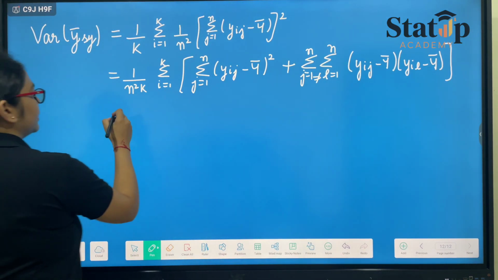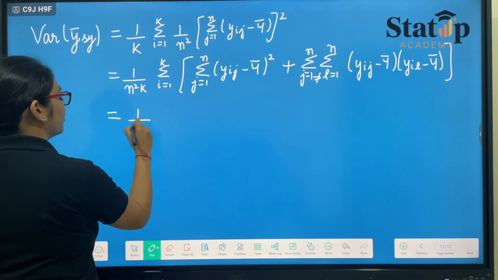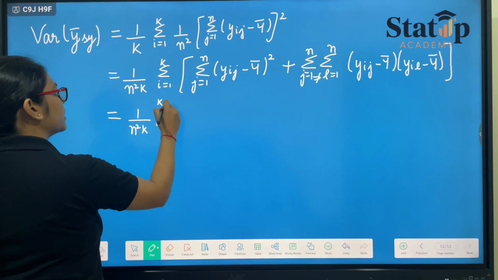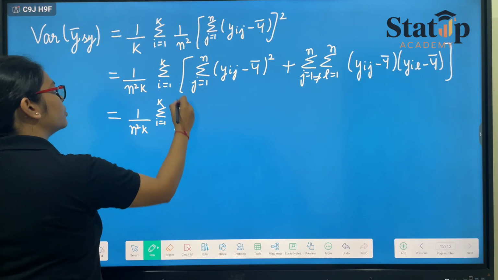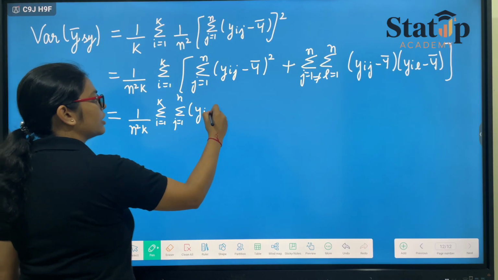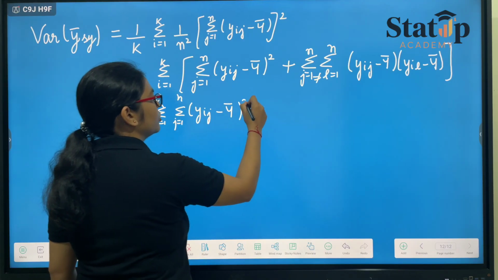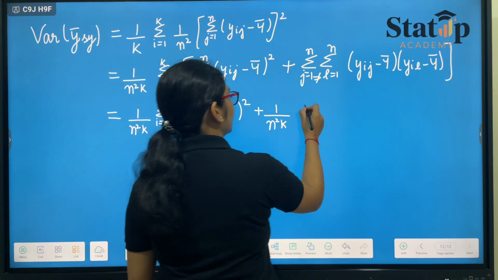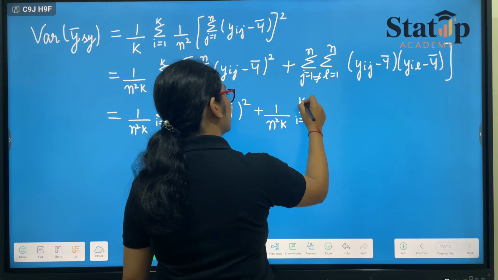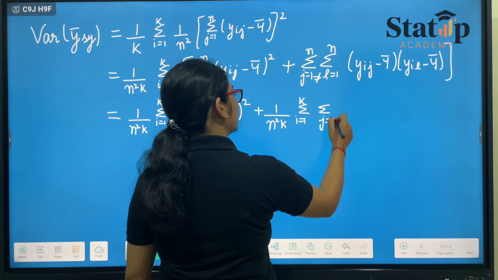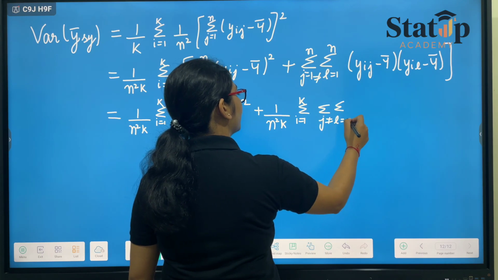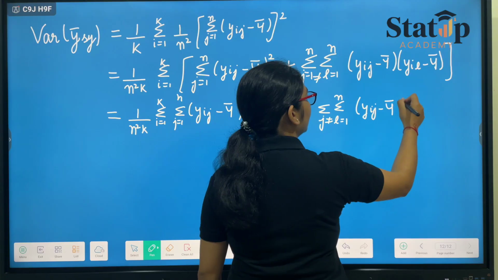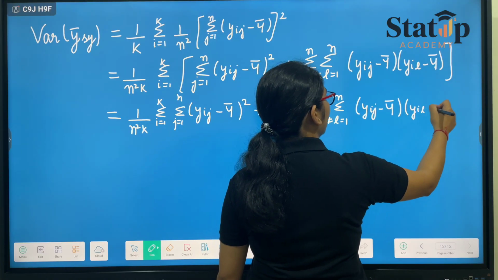So now multiplying the rest others inside, we are left with 1 upon n square k, summation i goes from 1 to k, summation j goes from 1 to n, (yij minus y bar) whole square plus 1 upon n square k, summation i goes from 1 to k, summation j not equal to l goes from 1 to n, (yij minus y bar)(yil minus y bar).